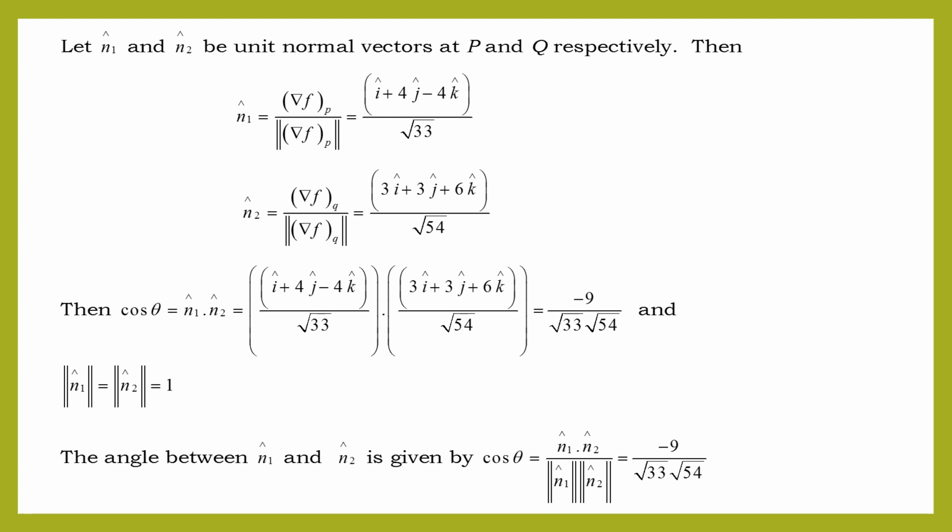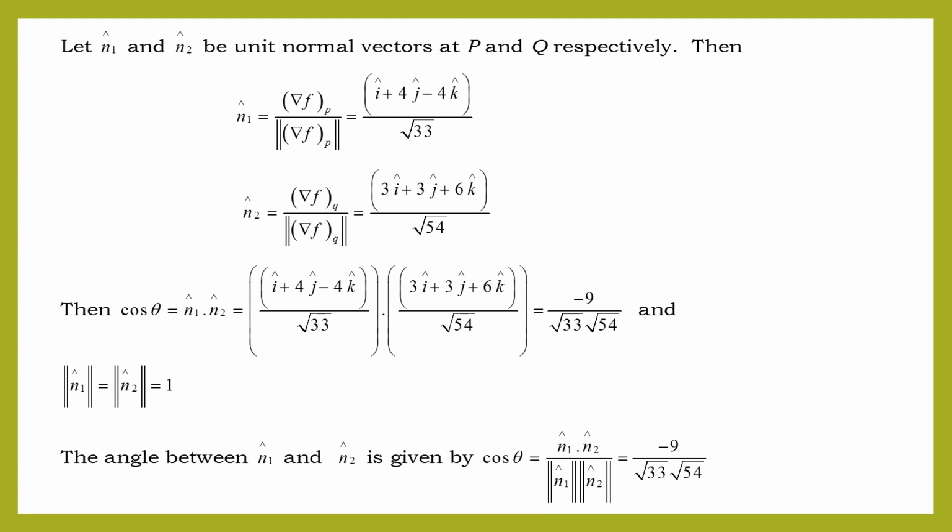Now n1 = ∇f at P divided by the norm of ∇f at P, which equals (i + 4j − 4k) divided by root 33. n2 = ∇f at Q divided by the norm of ∇f at Q, which equals (3i + 3j + 6k) divided by root 54.